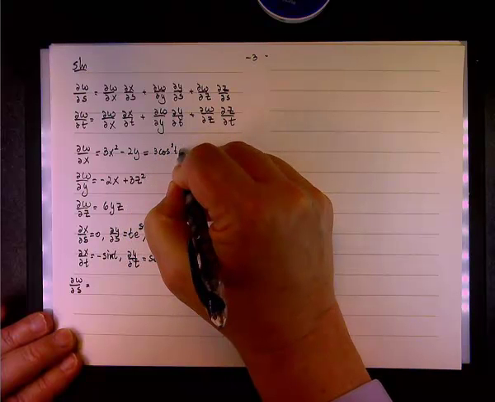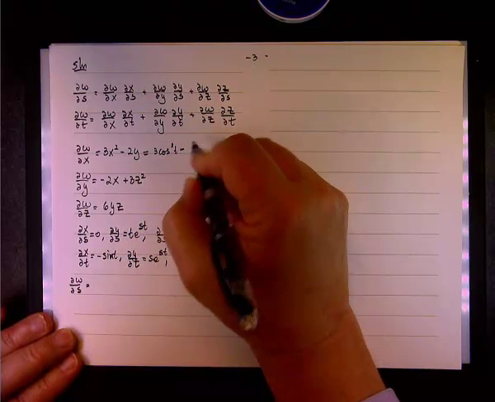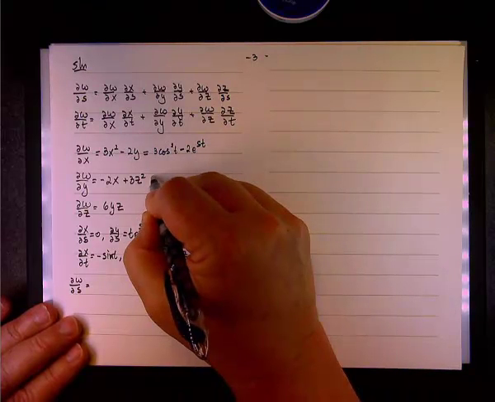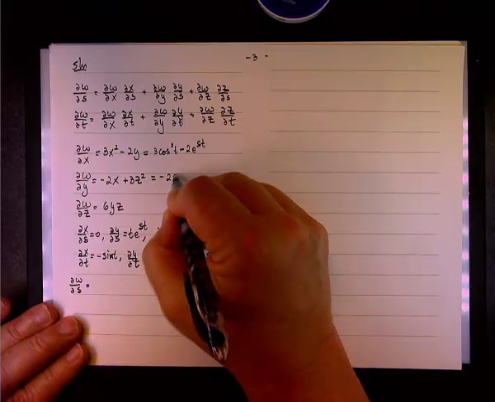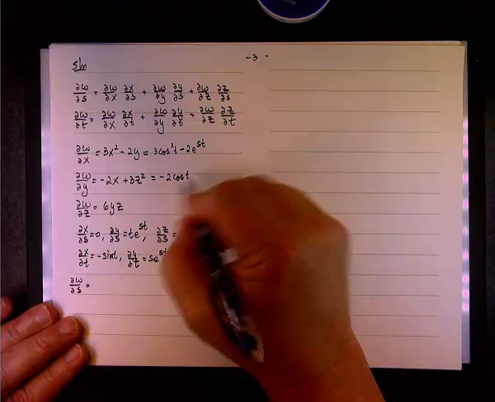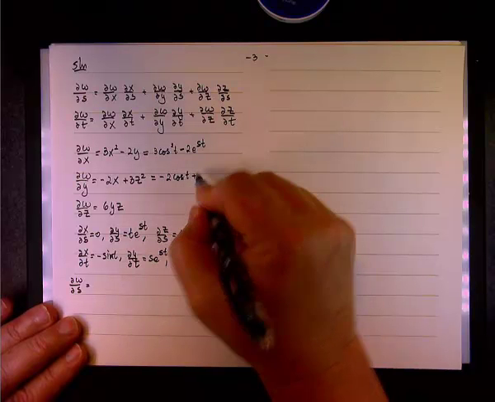So we need to express the three partial derivatives with respect to x, y, and z in terms of s and t. So x is what? It's cosine, right?